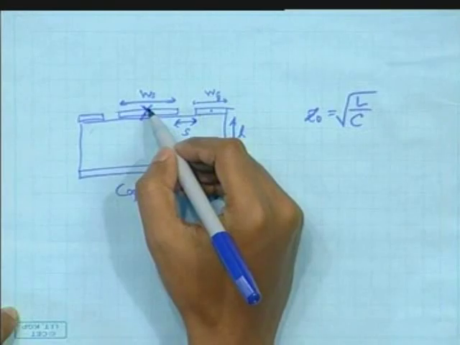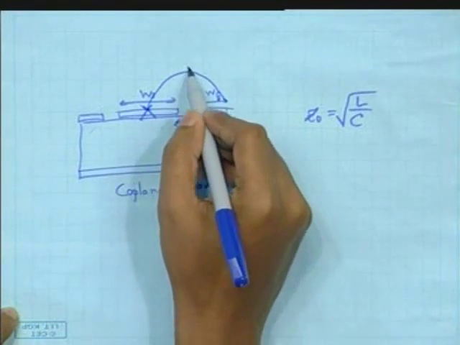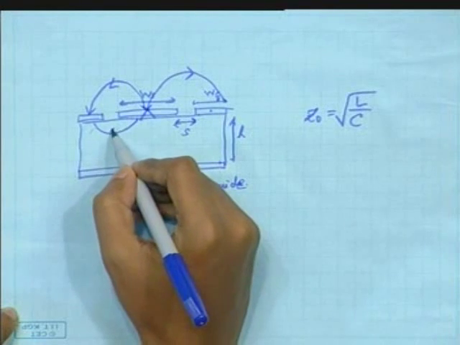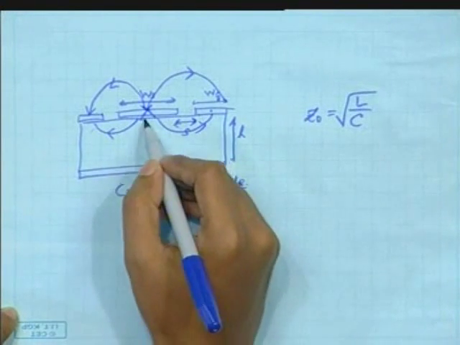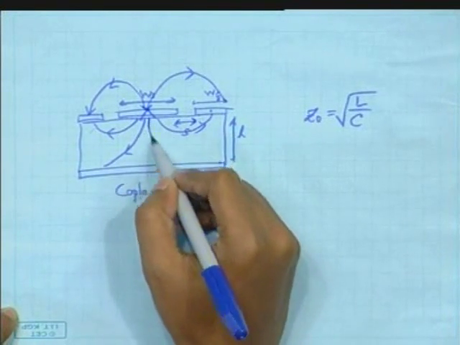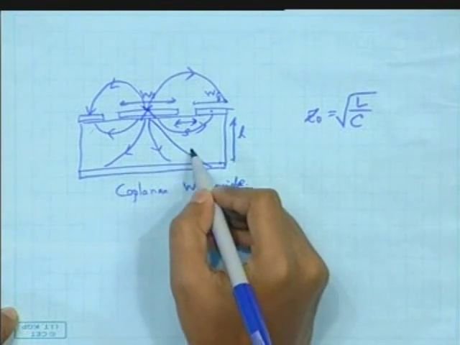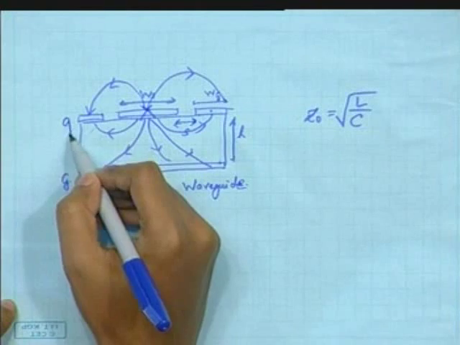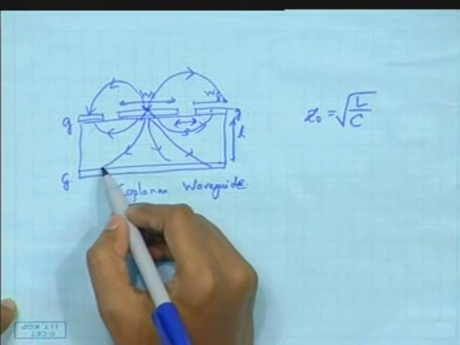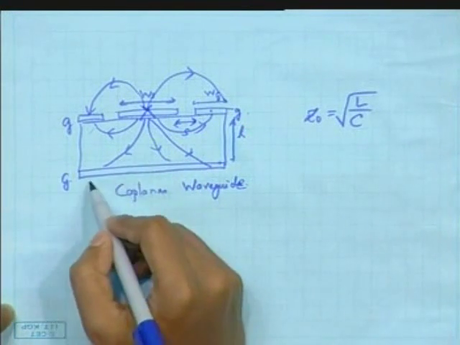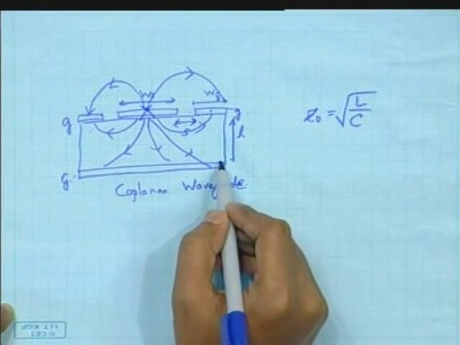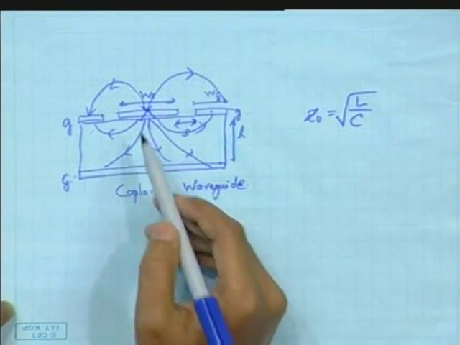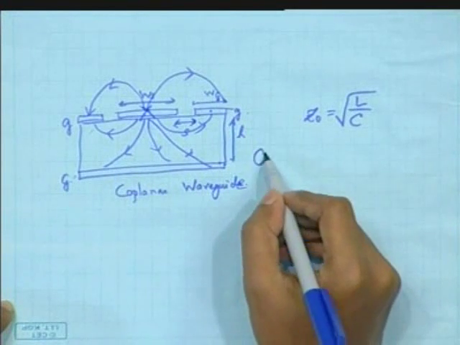Electric field lines from signal to ground, partly through the air, partly through the dielectric, and partly below to the ground line. Now since this shield is grounded, these are also grounded by the way, so we'll have more electric field lines crowding inside the dielectric rather than the air. Now since the dielectric is always more lossy than the air, we'll have more losses here and the quality factor of this structure will degrade.